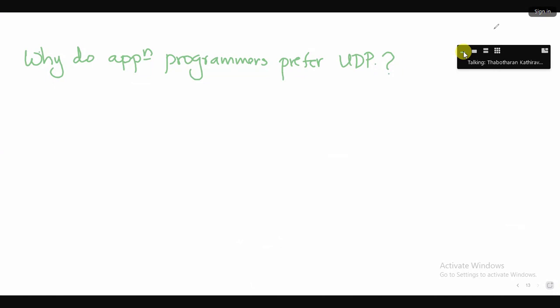It means it provides finer application level control. You just design or decide what data is going to be sent and when. And there is no handshaking and all, so it's very immediate.